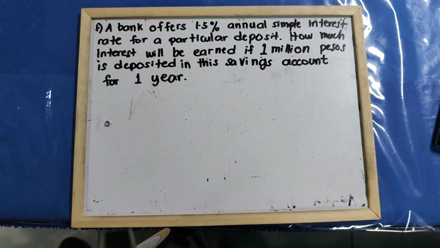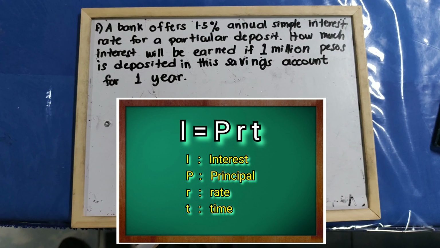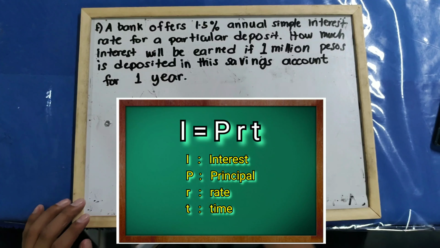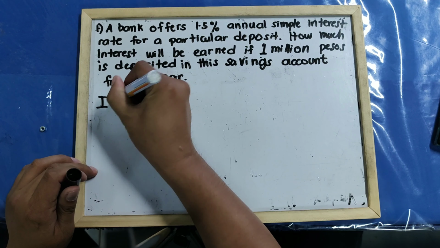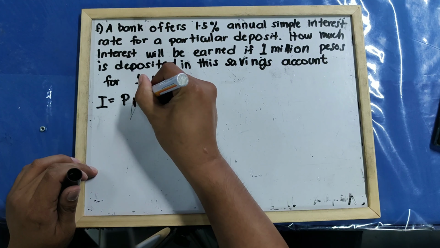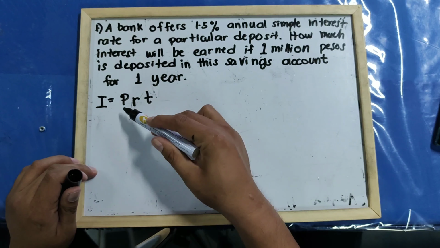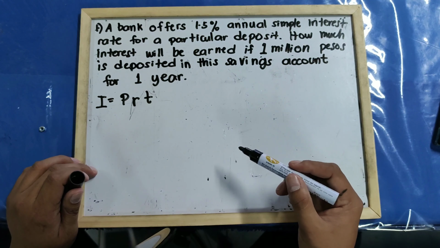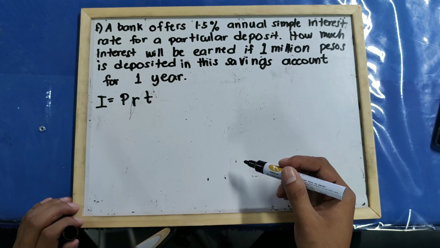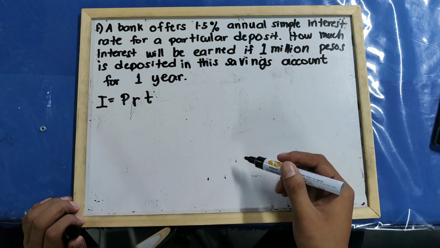So, the formula in solving the interest is principal times rate times time. Or we have I is equal to PRT. I is equal to principal times rate times time. So we have to identify first the givens for us to easily solve this problem.